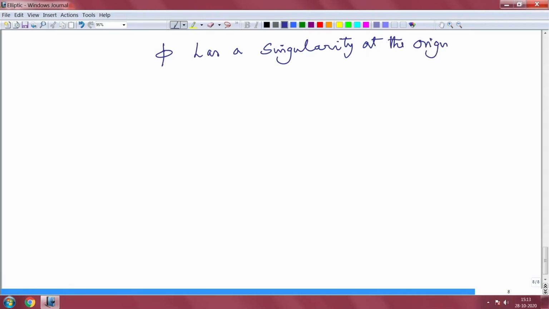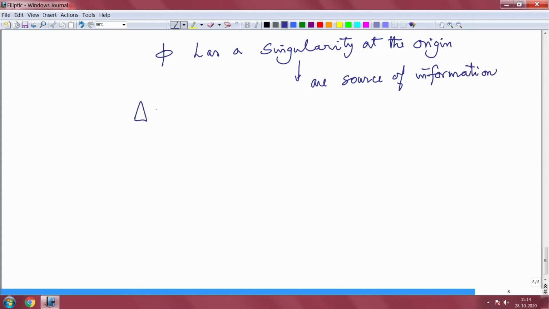Okay, you have a singularity at the origin. Quite often, singularities are a source of information, so you do not want to miss it. And importantly, the Laplacian of phi.